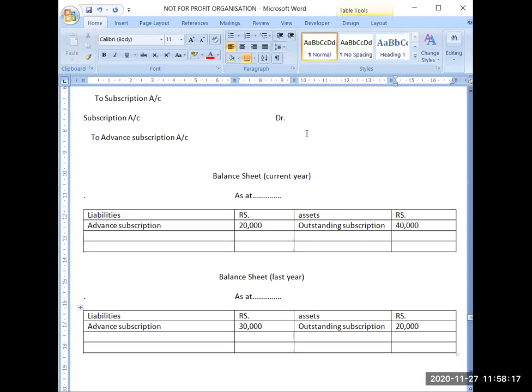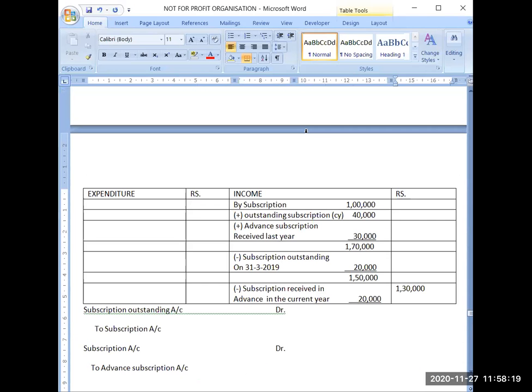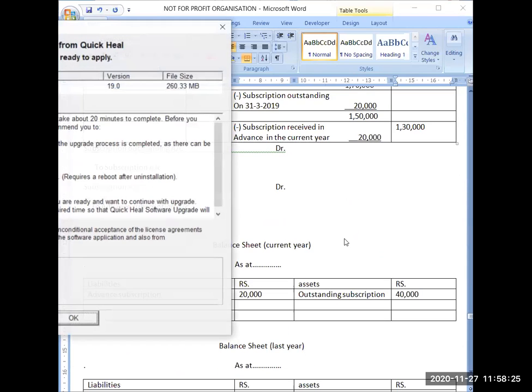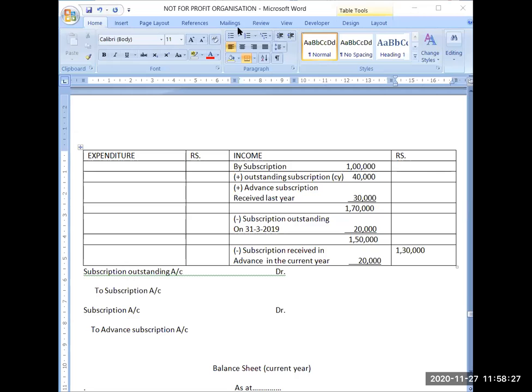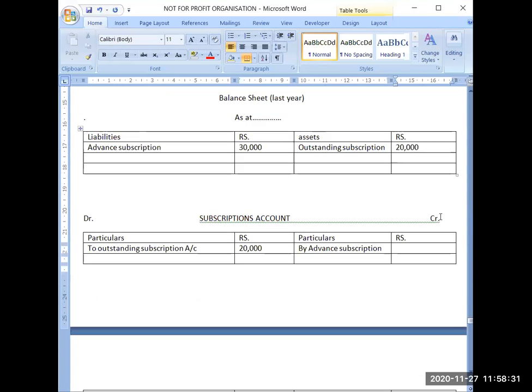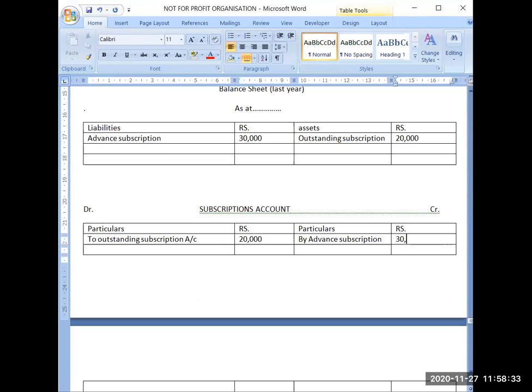And this amount received last year was 30,000. So these two entries will be done. This was the opening balance of outstanding subscription account, and this was the opening balance of advanced subscription account.